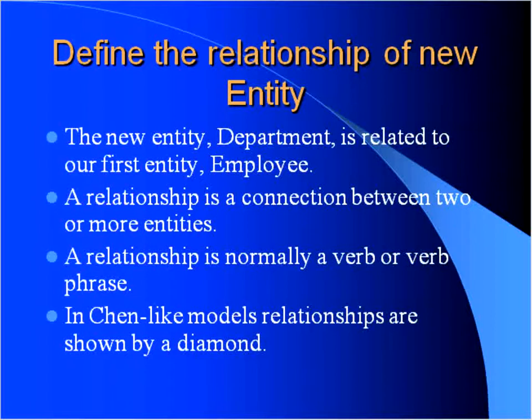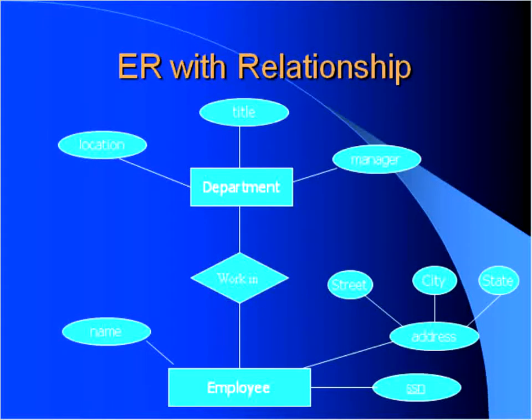And in the chain-like model, we like to show the relationships in diamonds. On the next slide, slide 8, we have a department entity with its 3 attributes, the employee entity with its attributes that we developed in the last set of slides, and then the work-in relationship.